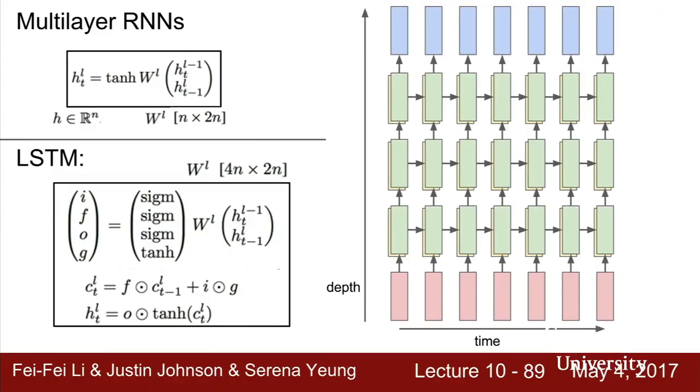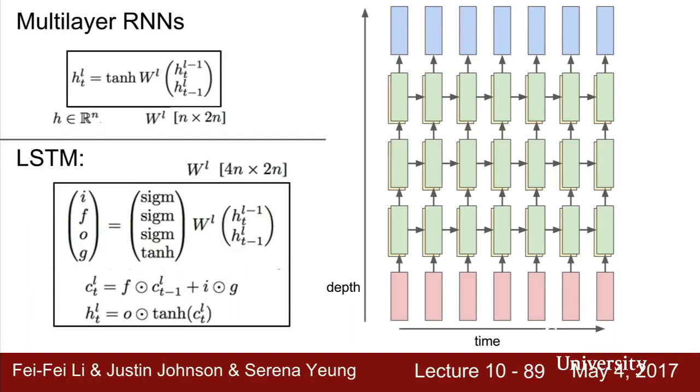But I'd also like to mention that so far we've talked about this idea of a single recurrent neural network layer where we have one hidden state. Another thing that you'll see pretty commonly is this idea of a multi-layer recurrent neural network. So here this is a 3-layer recurrent neural network. Our input goes in and produces a sequence of hidden states from the first recurrent neural network layer.